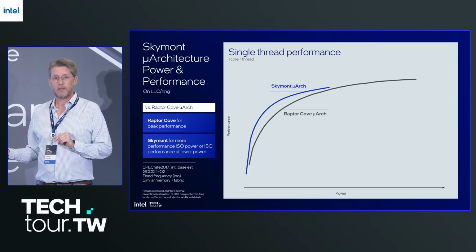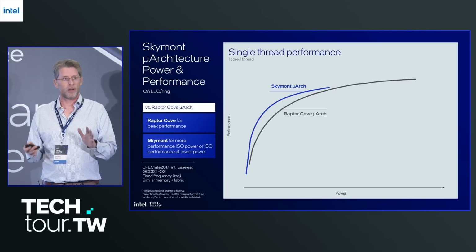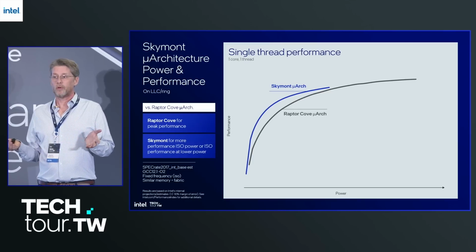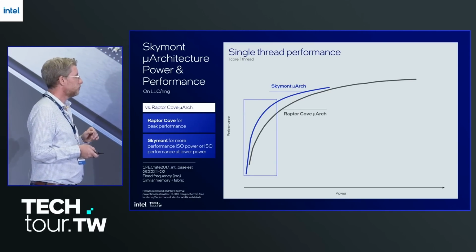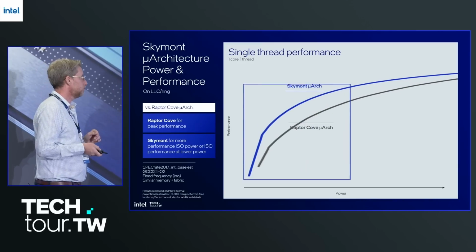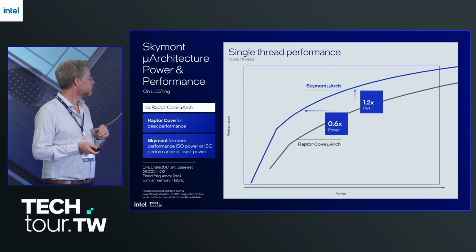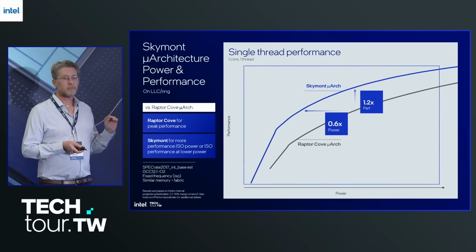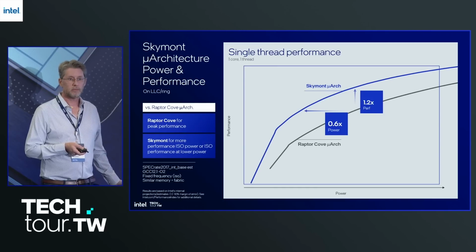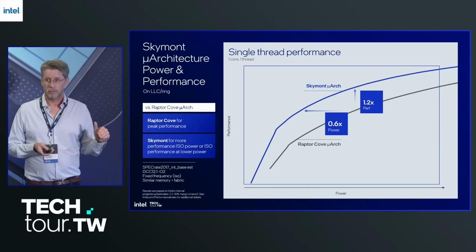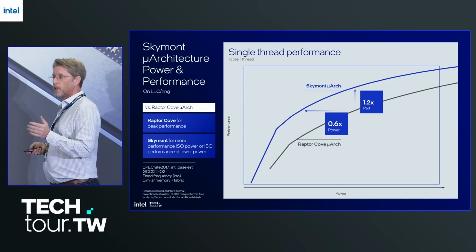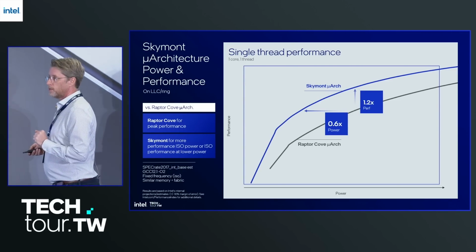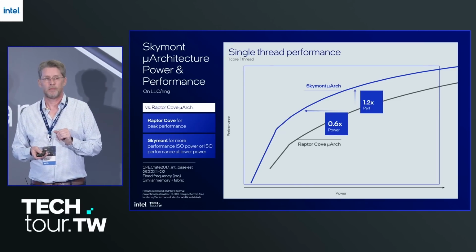So let's zoom in to power envelopes that are more likely for an E-core or in a low power island. 0.6x the power at the same performance level in that middle of the curve, or 20% higher performance at the same power level.